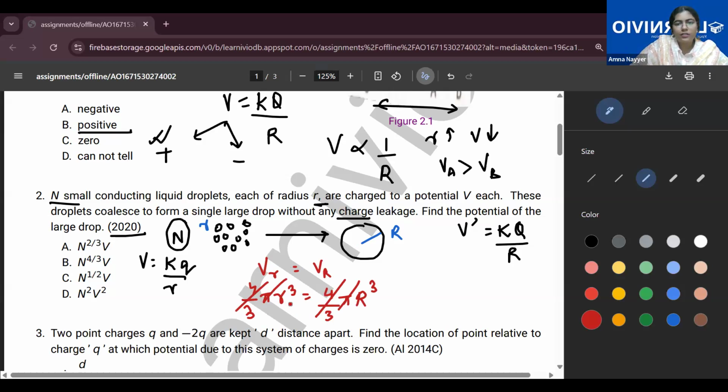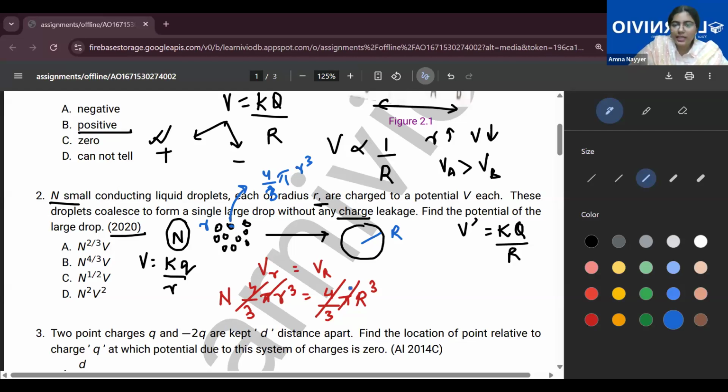One thing I have not written, n number. 4 by 3 pi small r cube is the volume of one single drop. But n drops are there, so n times these small drops will be equal to this one big drop.